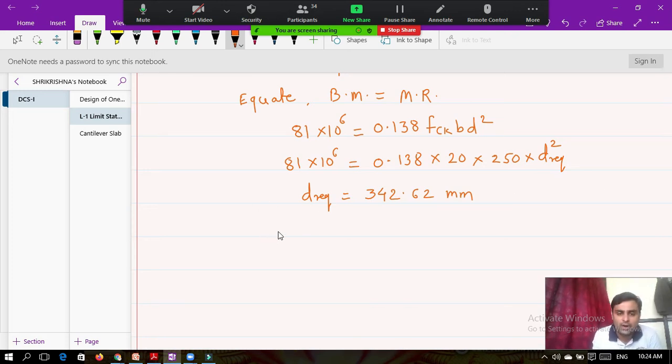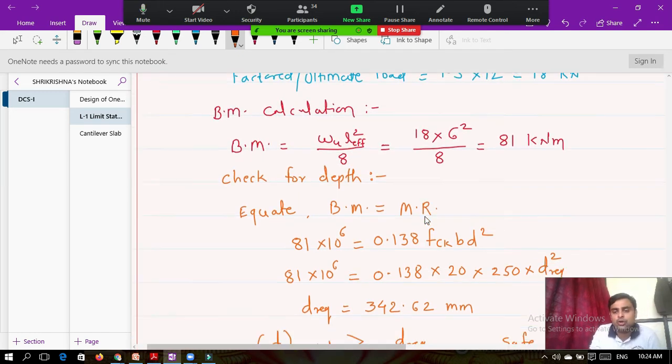So whatever D we have provided, D provided is greater than D required. So our section is safe from the bending moment point of view. Now what will be our usual step after the calculation of bending moment?